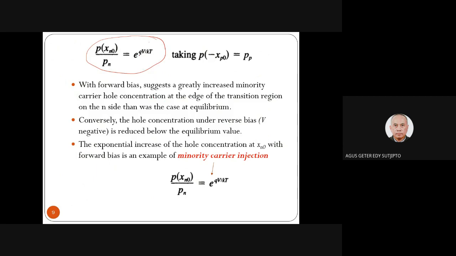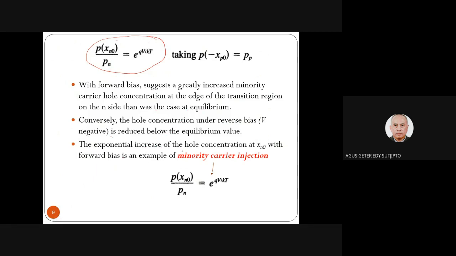So in this case, the concentration of holes after is bigger than before, bigger than at equilibrium. So this is the forward bias. Conversely, the hole concentration under reverse bias, or V negative, is reduced below the equilibrium value, so it will be less than Pn. So this can be understood.